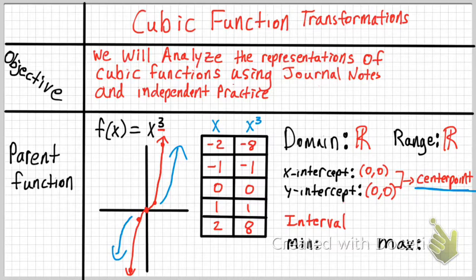So in this case, if I define my interval to be -2, 2, so I go from the x value -2 to the x value 2, then my minimum is going to occur at -2, and it's going to be -8. And my maximum will occur at 2, +8.